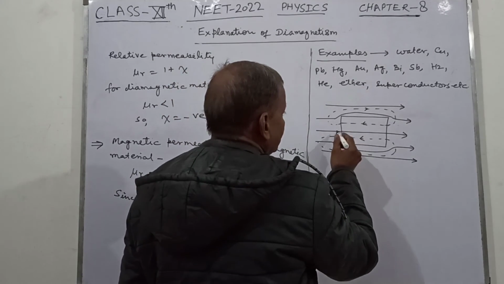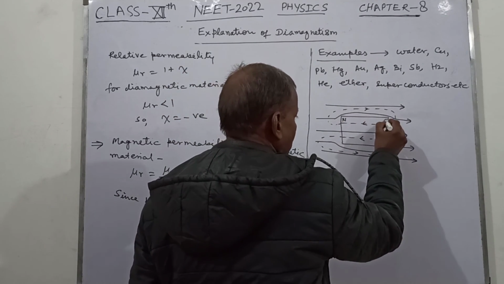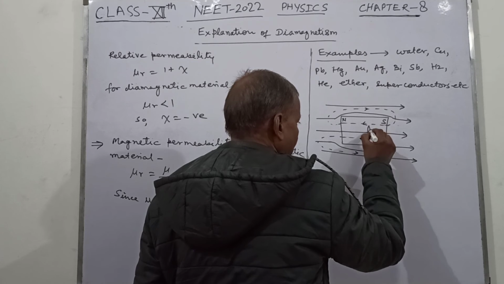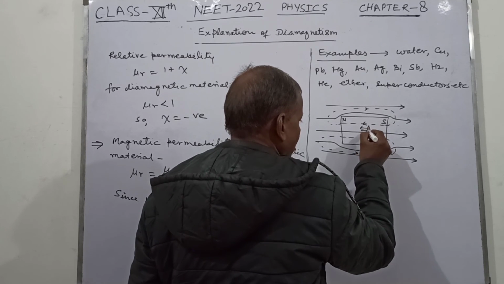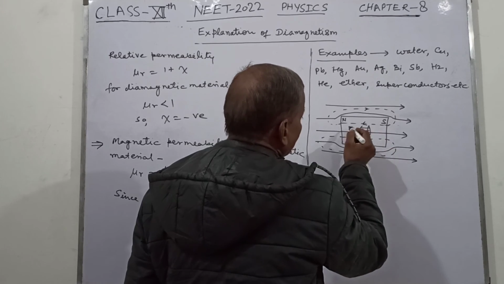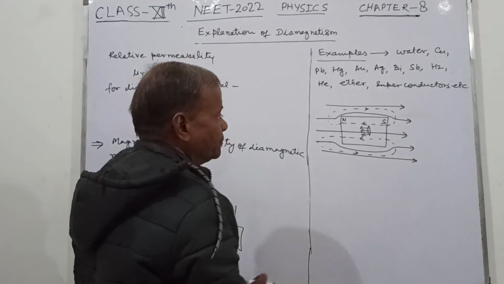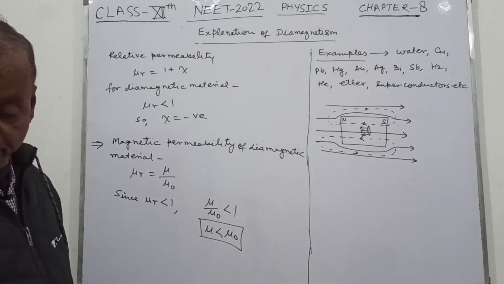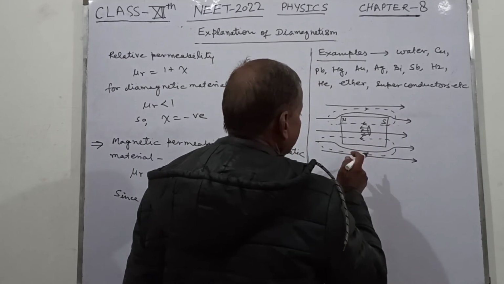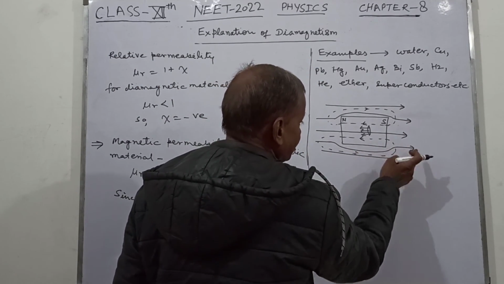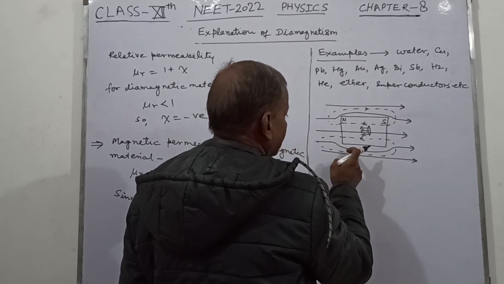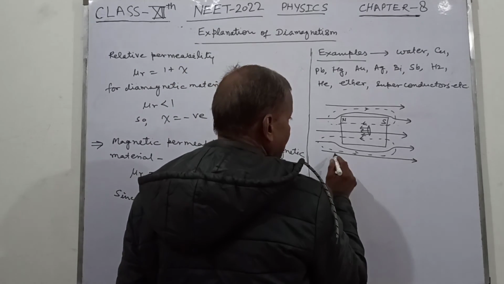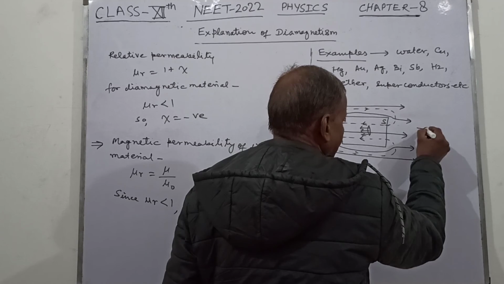Suppose this is the north pole and this is the south pole; the magnetic lines of force will be in this way. Most of them are going away from the material. You see that this line is going like this, this line is going like this, and only one line is passing through the material. So this is a diamagnetic material in a magnetic field B.